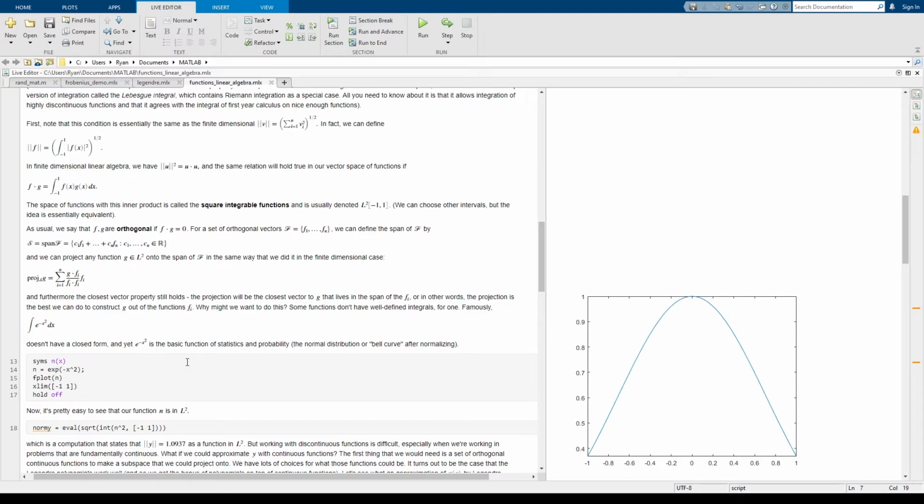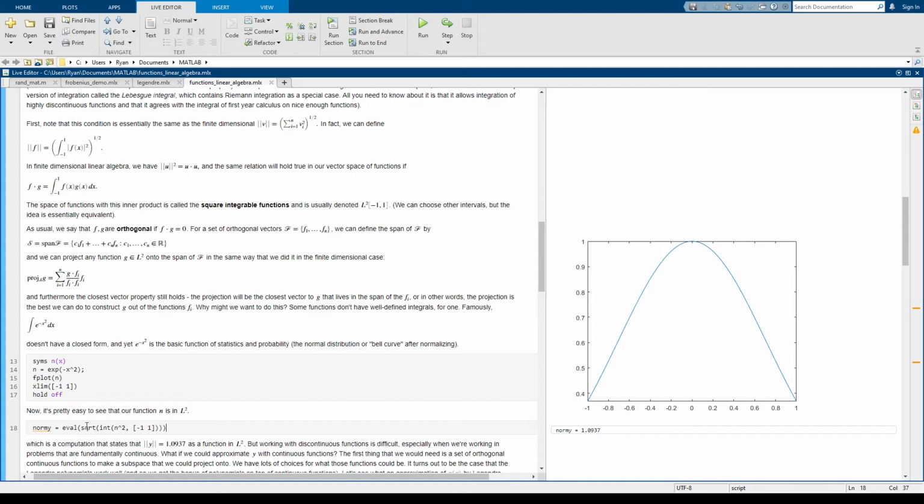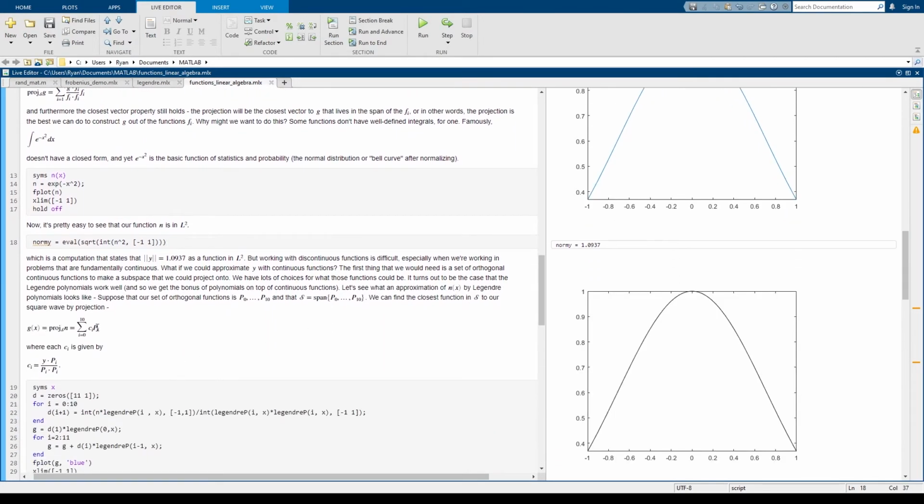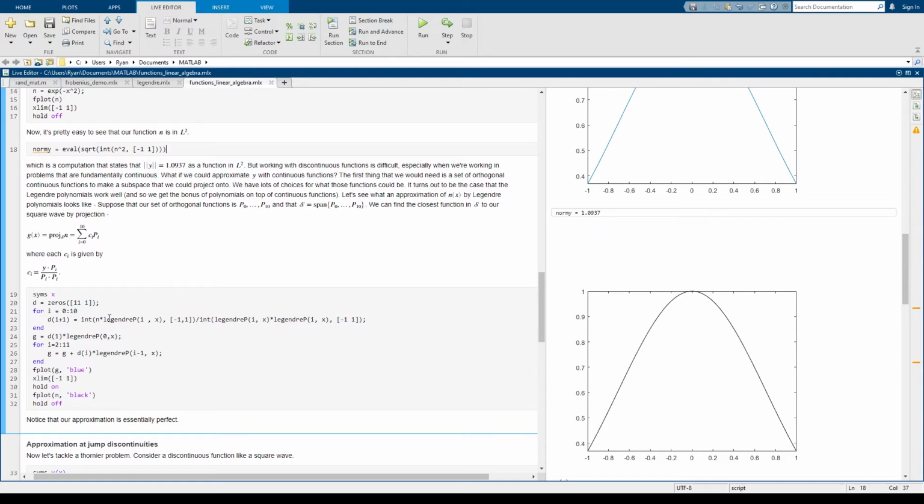That function is in L2 because if you compute the integral, which is what this line does, what you get is a finite number, 1.0937, which means that the L2 length of that function is bounded, so it's in L2. So we can use the projection formula to compute the expansion of e to the minus x squared in terms of Legendre polynomials.